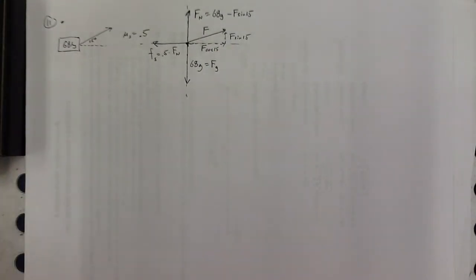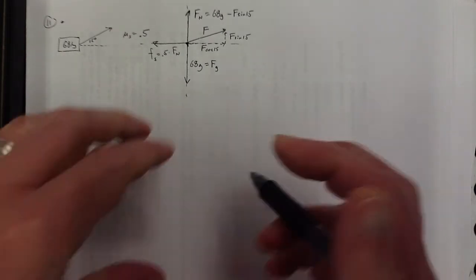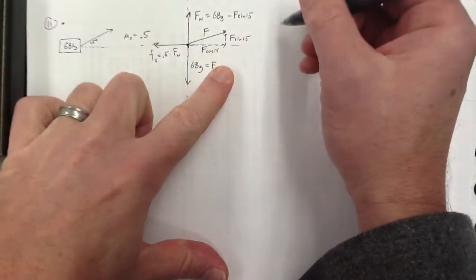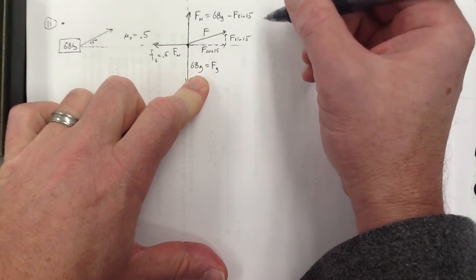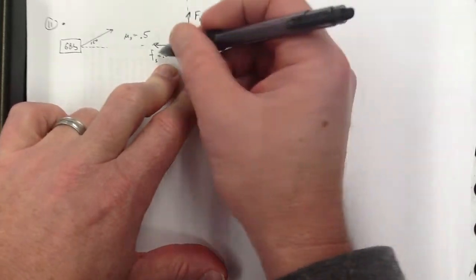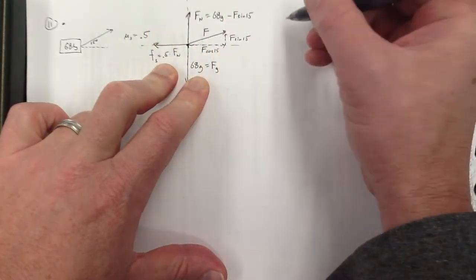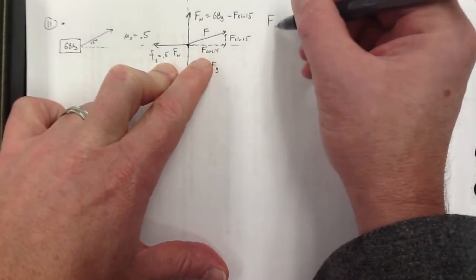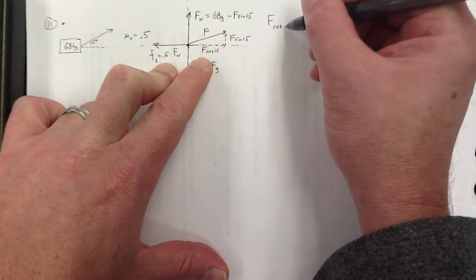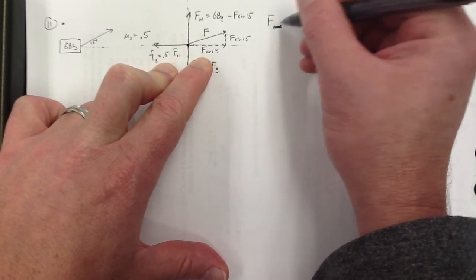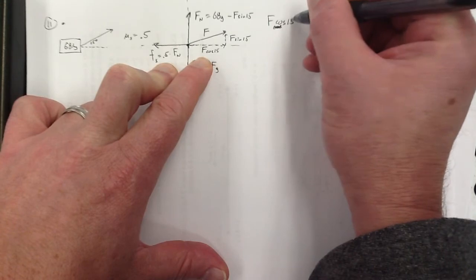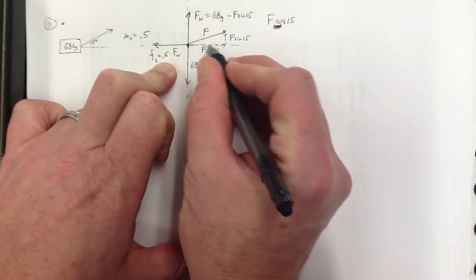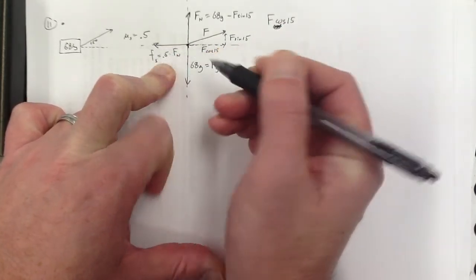All right, so let's see. I need to set some things equal to each other, figure out what to do here. So I know that the force of static friction would have to equal this. So F cosine 15 would have to be equal to this.